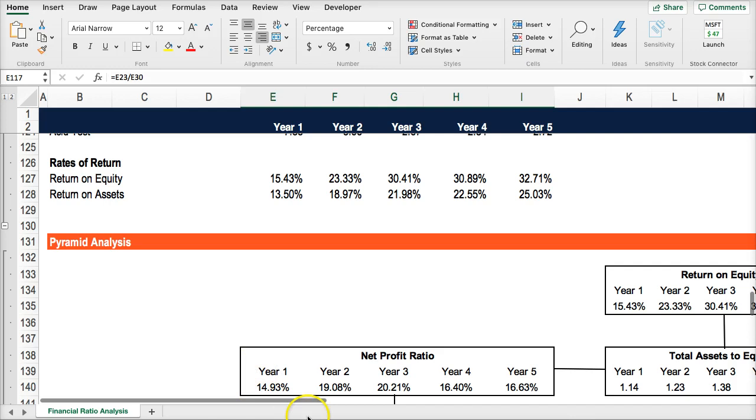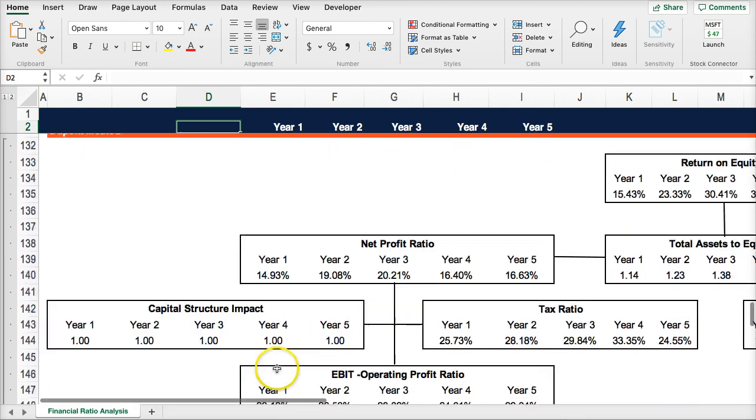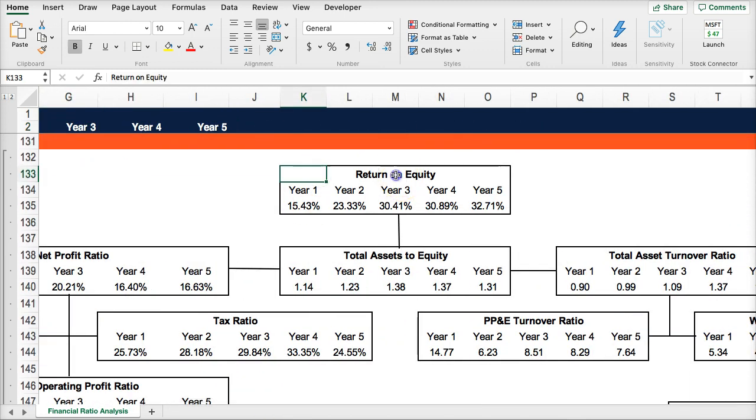Now, later in the chapter, it talks about the DuPont Method. So this pyramid analysis is really the DuPont Method, where we look at basically return on equity as our top ratio.